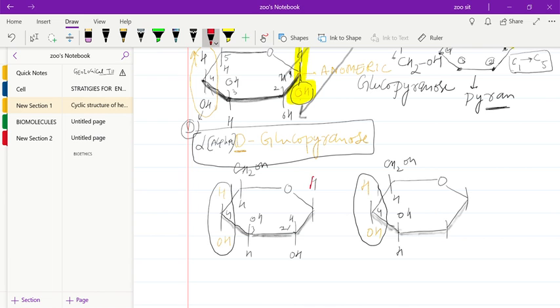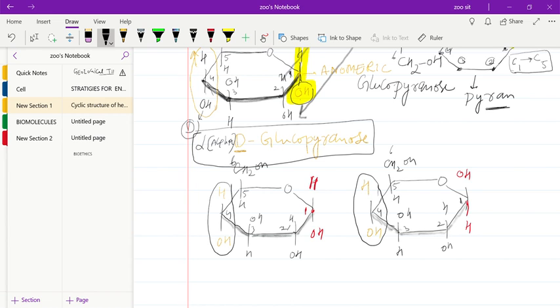If it is H here and OH here, it's anomeric carbon number 1, and here it is anomeric carbon number 1. So see the difference here. Here it will be H and OH. So this will be carbon number 6 here. So carbon number 5, 4, 3, 2, and 1.